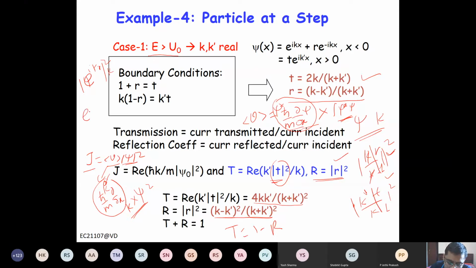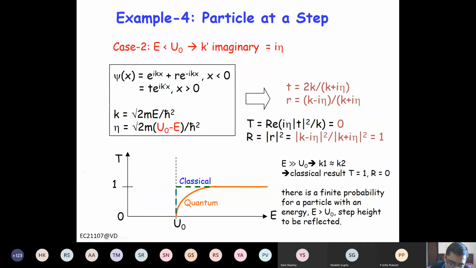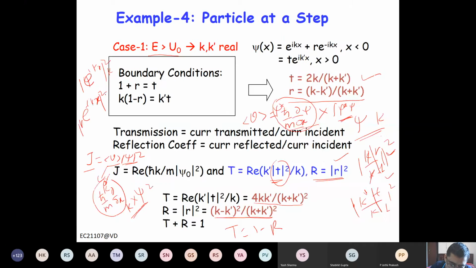The reflected current is e to the power minus iota kx, times r square, times k. And the transmitted current is t e to the power iota k prime x, squared, times k prime. So these are the current densities, right?